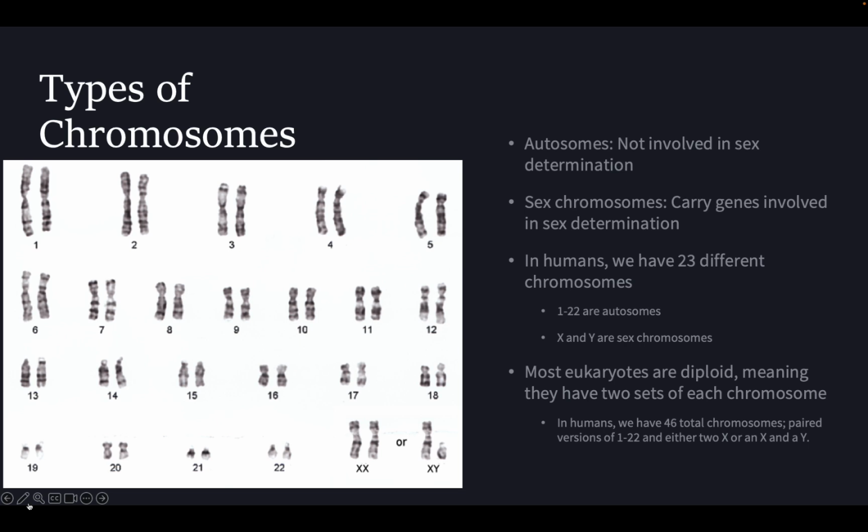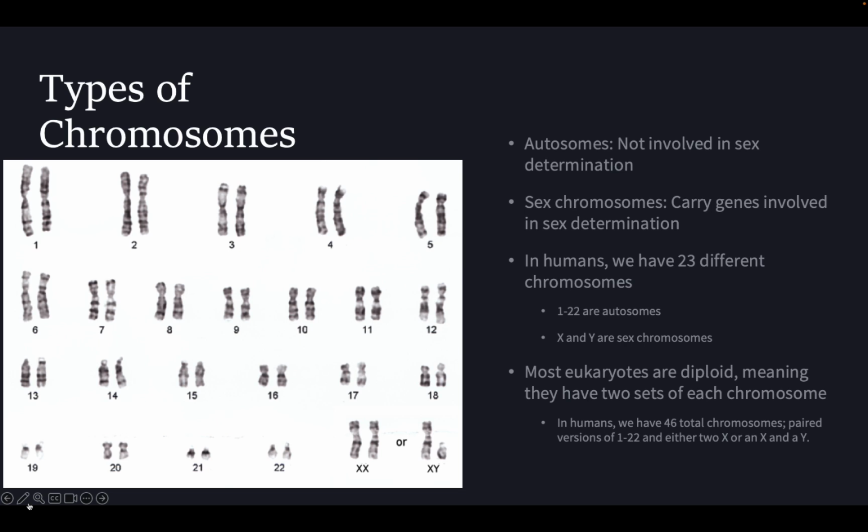In most organisms, there is then a set or some sets of what are called sex chromosomes. Sex chromosomes will be the ones that carry the genes involved in sex determination.